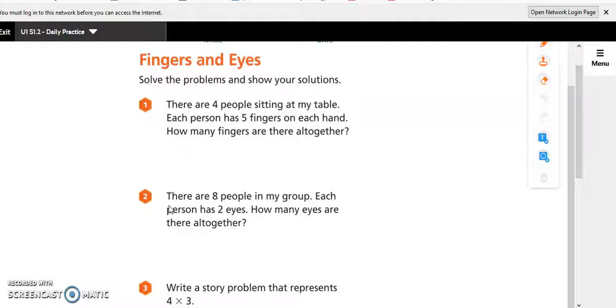That's number 1. The second thing I want to see is an equation. So you're going to write a multiplication equation, and remember that looks like number of groups times number in the groups. And then the last thing you have to do is find the total, find how many there are all together.